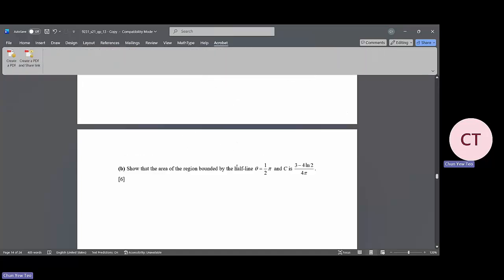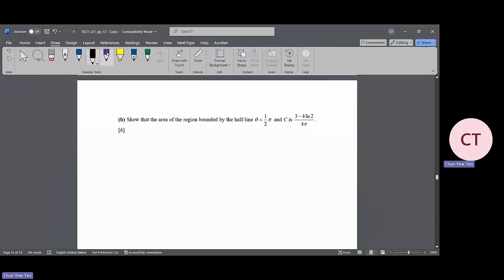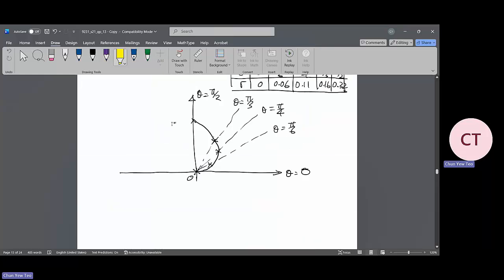Now we move on to the B. We want to find the area of the region, and to show that the area of the region bounded by the curve and the theta equal to pi over 2 is in this form. So we are looking for this area over here. For finding the area, we just need to integrate the theta from 0 to pi over 2.